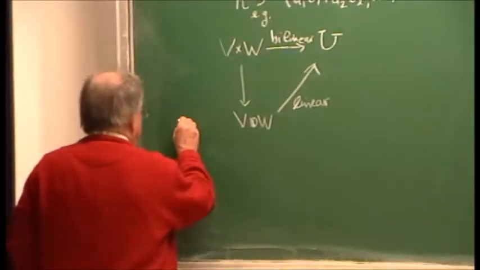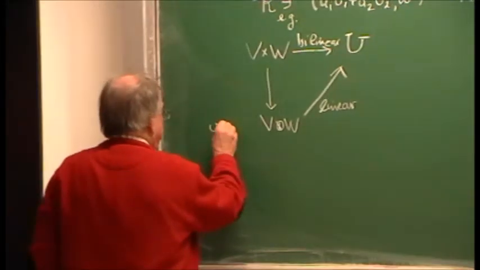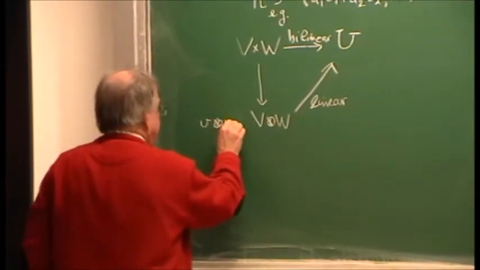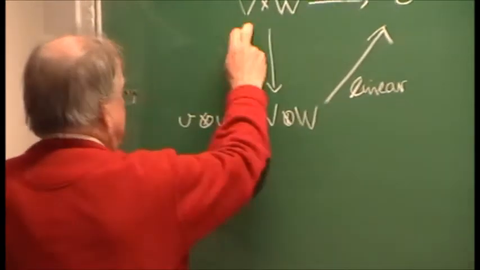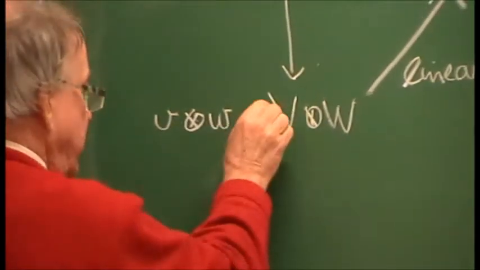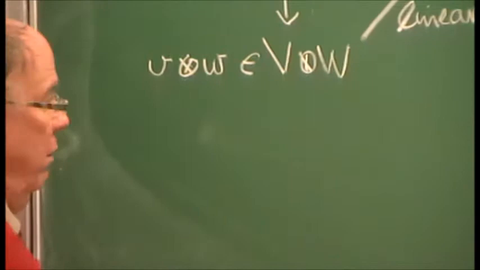Okay. So a pure tensor is the equivalence class of a pair here. You write it like that.